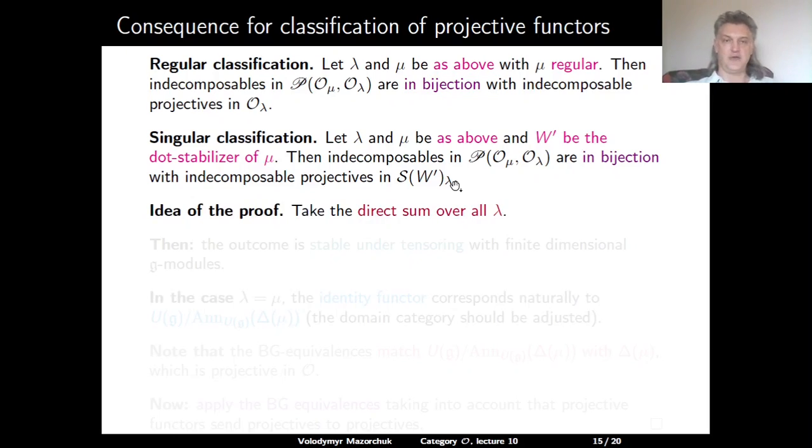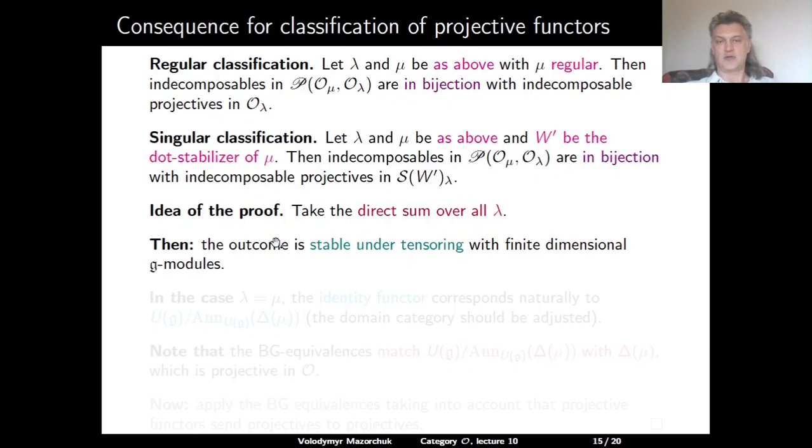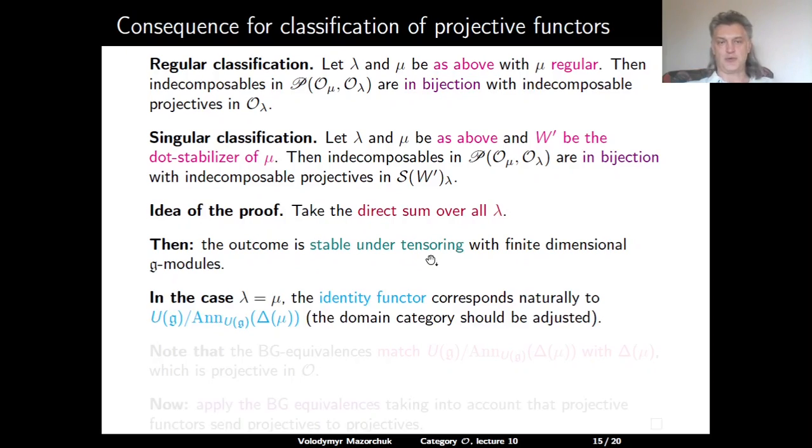And here is the idea of the proof. We should take the direct sum over all target categories lambda, such that mu minus lambda is an integral weight, and then the outcome is stable under tensoring with finite dimensional G-modules. In the case lambda is equal to mu, the identity functor corresponds naturally to U(g) quotient by the annihilator in U(g) of the dominant Verma module delta mu.